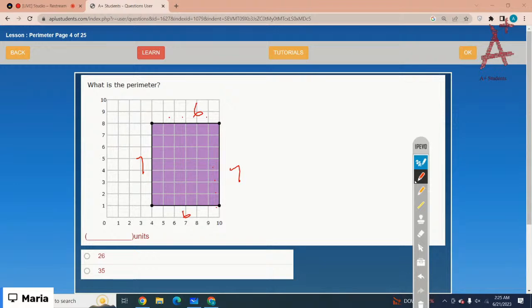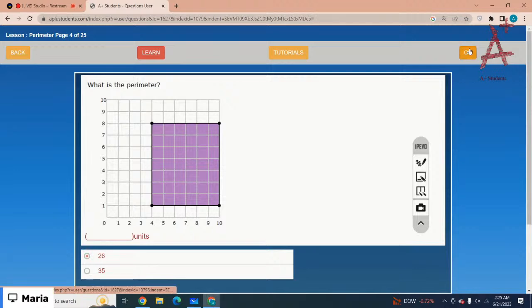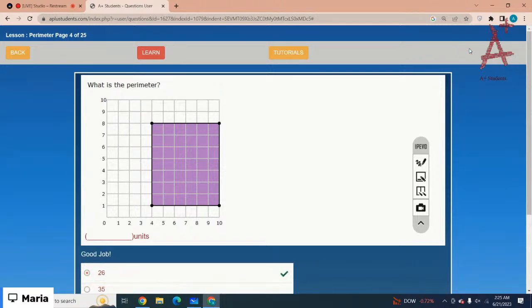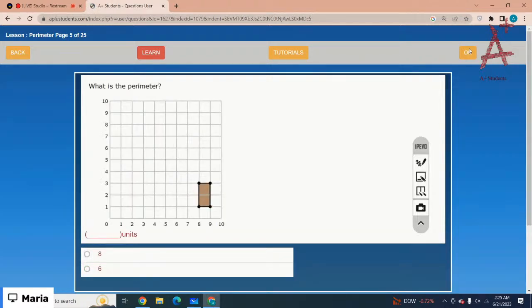The sum of all the side lengths is 26. What is the perimeter?